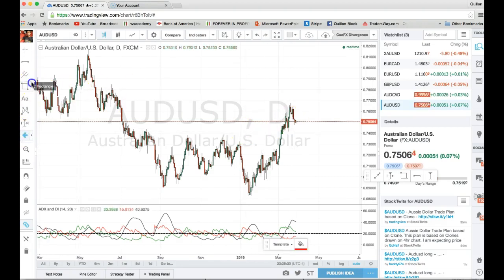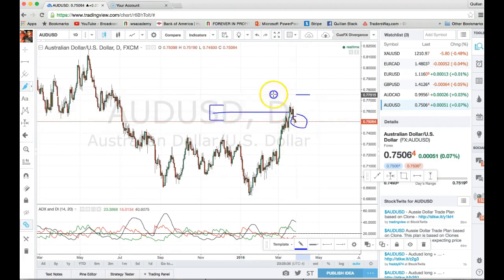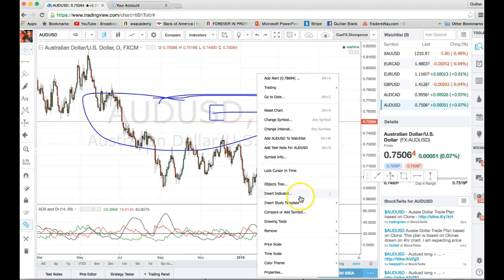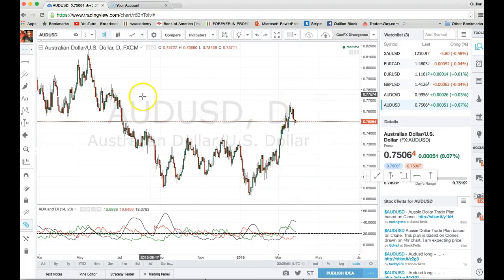See how price is right here? Everything to the left of it is relevant to where price is now. So look left, and everything to the left of where price is now is relevant. That's what I mean by relevant.